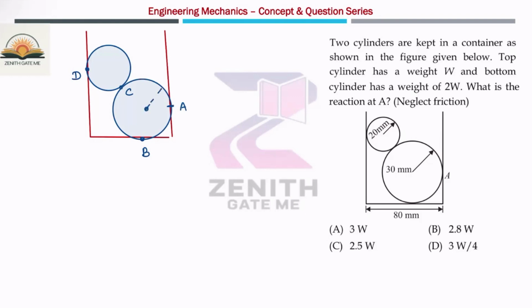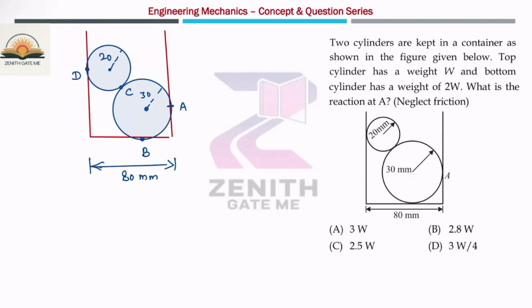This radius is 30 and this radius is 20. Okay, all the dimensions are in mm. Now, what is this distance? This distance is given as 80 mm.